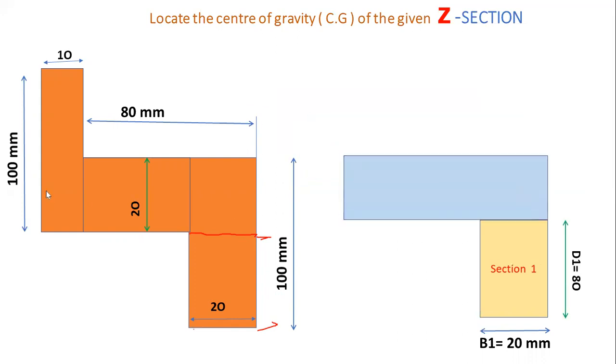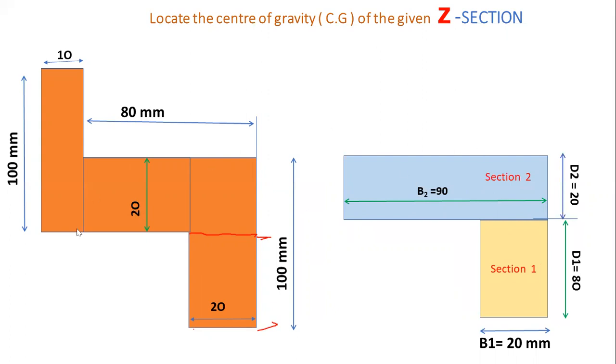Now you have to consider this horizontal rectangle as section 2. So here base 2 equals 10 mm plus 80 mm. Total horizontal width is 90 mm, and depth D2 equals 20 mm.